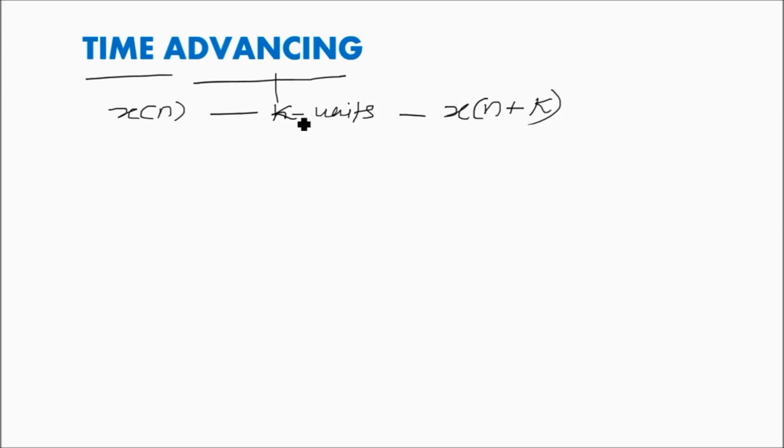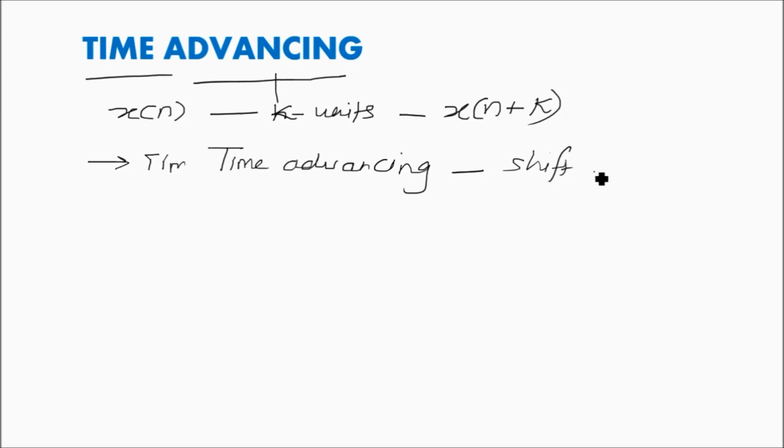In time advancing, you have to shift the signal towards left side by k units.